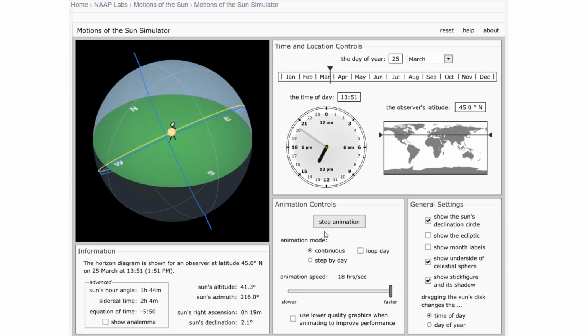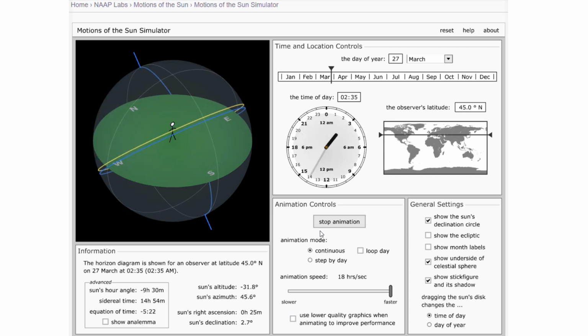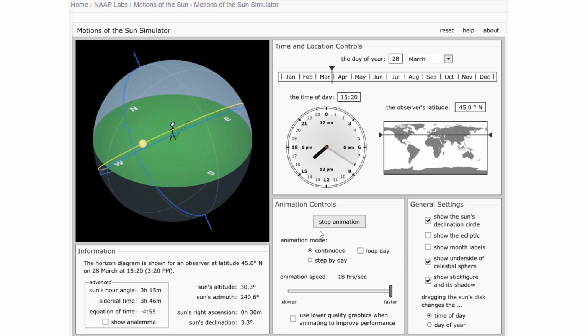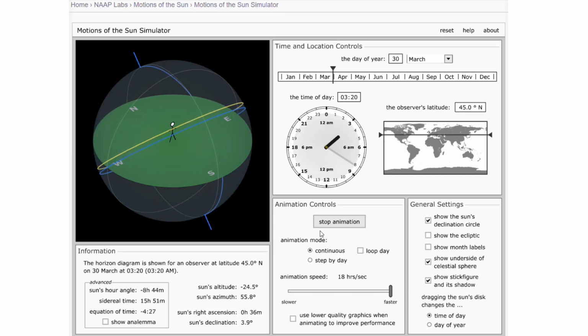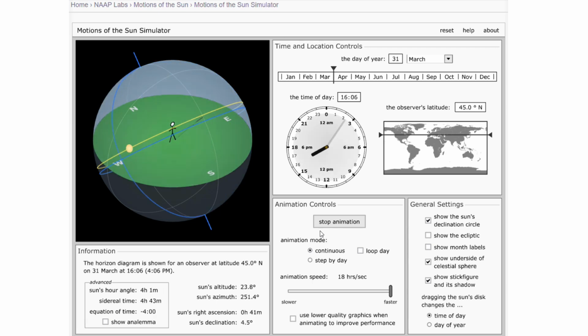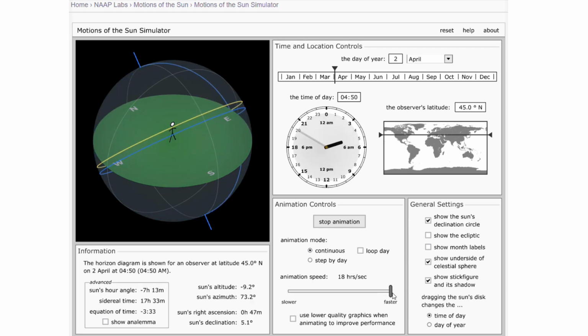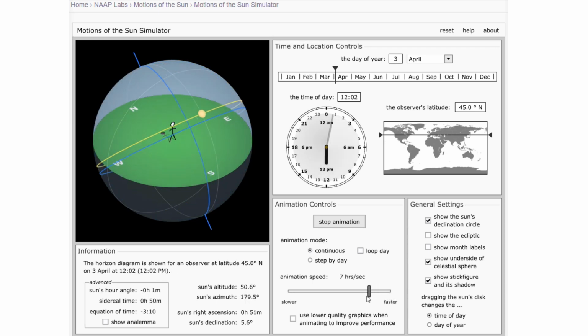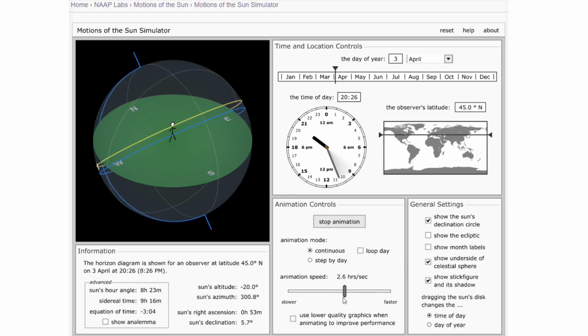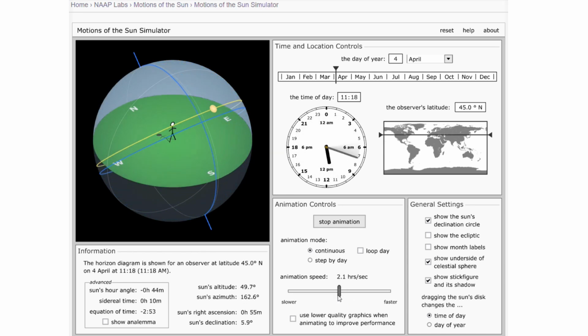Gradually, the yellow line, separated from the zero declination, is moving north. Let's speed up. Now let's slow down a little bit so you can see how the right ascension changed. The blue line is zero right ascension. See, the Sun has moved away from the zero right ascension.